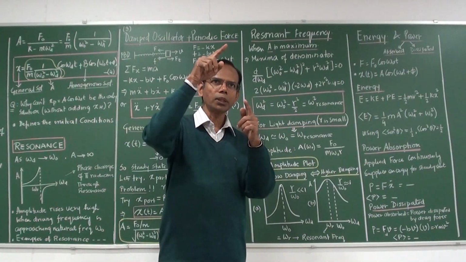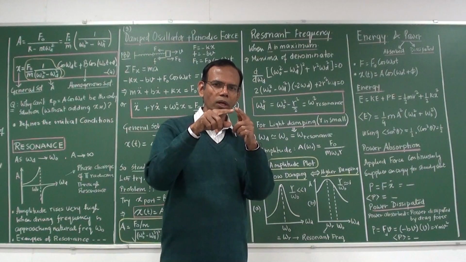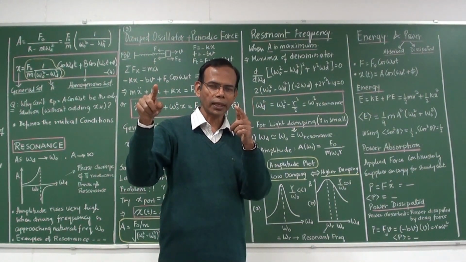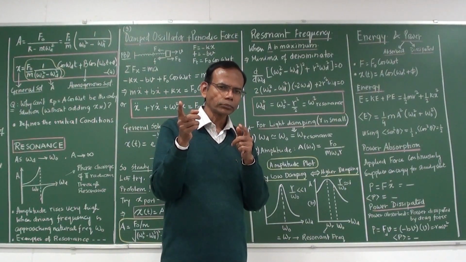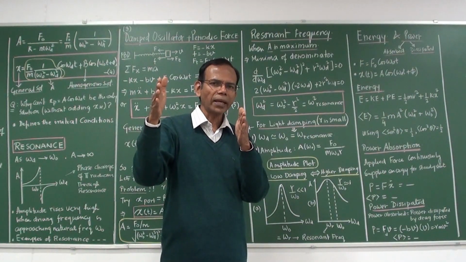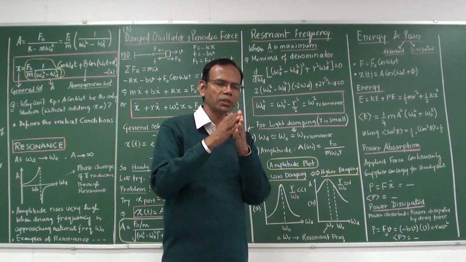So pi by 2 means the body is at the origin basically, and 0 is at the outer end when it starts. So when something is 0, it is actually maximum, and at pi by 2 it is minimum.